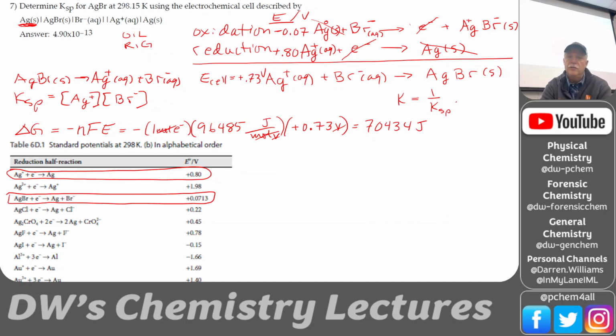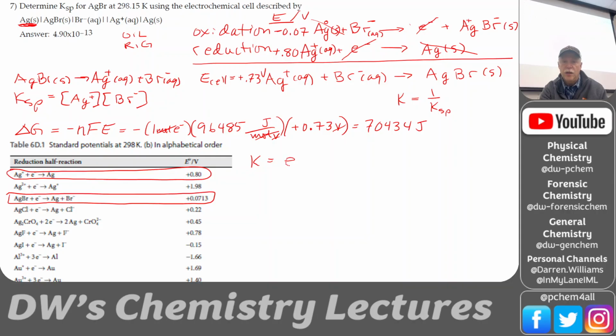That's the delta G for this reaction. Okay, so then we can find K for this reaction. Do you remember the equation for K? Just that exponential, right?